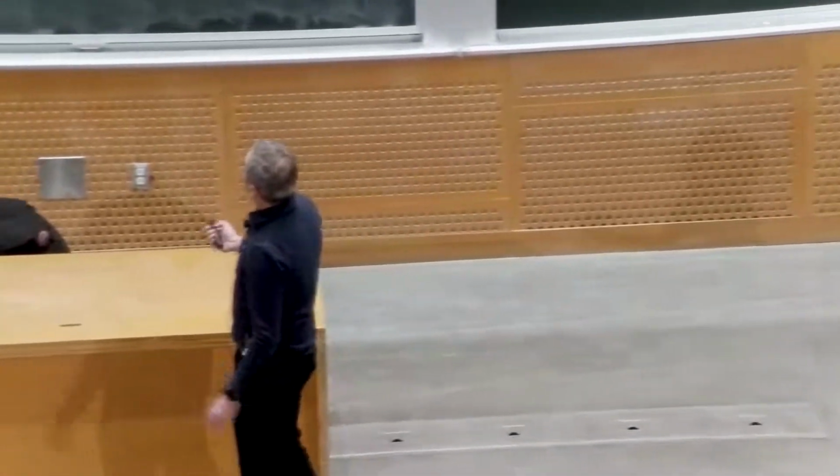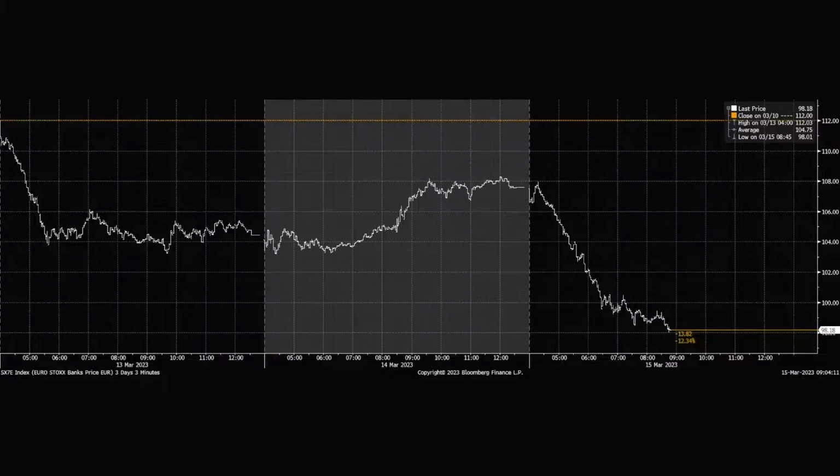This is the stock prices of the main European banks. This is all today, yeah? So look at this. There was a little rally yesterday. This is the decline as a result of the US problem, the Silicon Valley banks, then a rally yesterday, and then Credit Suisse happened, and there's a big decline in all the major banks in Europe.